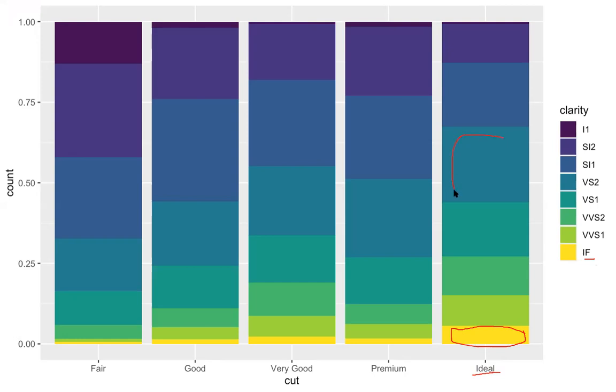And this color of rectangle here is showing the clarity of SI2 out of all the ideal cut diamonds. Same thing for all the other rectangles, you are able to see the percentage numbers for each type across the groups.